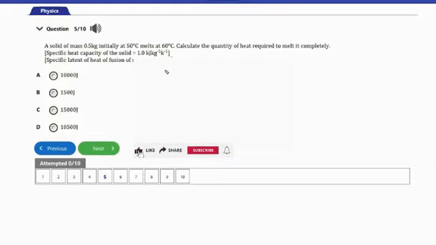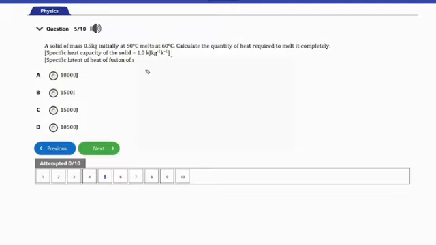Then the specific latent heat of fusion to be 2.0 kilojoule per kilogram. Alright, so here guys, we actually noticed that there is a mix-up. The specific latent heat of fusion of this mass is supposed to be 1, and then the specific heat capacity is now meant to be 2.